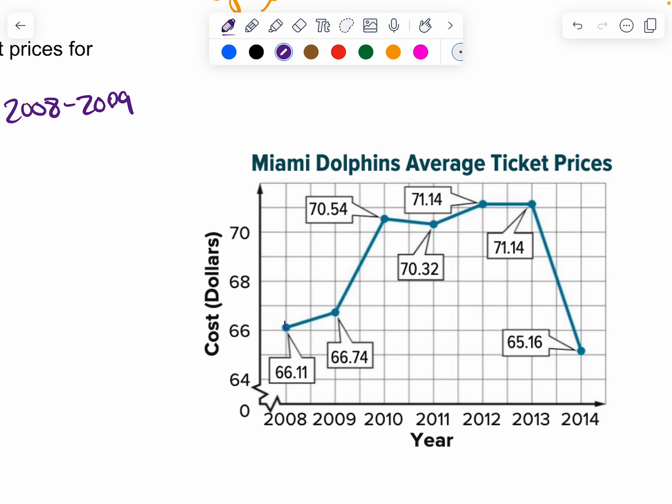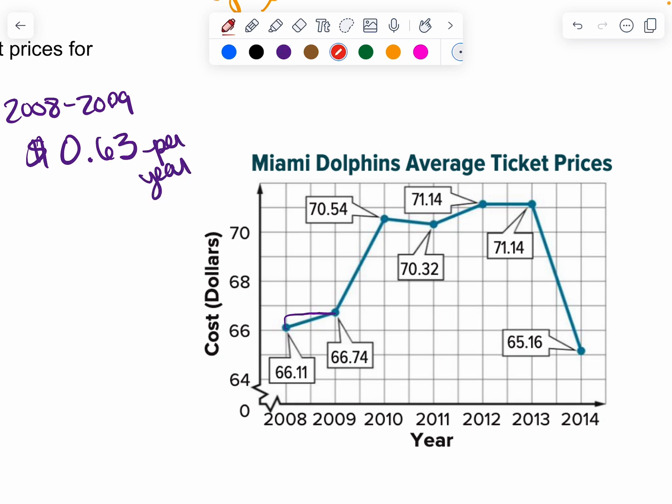Yeah, it's 1 year. So how much did it go up by? 66.74 minus 66. Oh, really? I did the calculator again, but that's okay. And that's 63 cents per year.